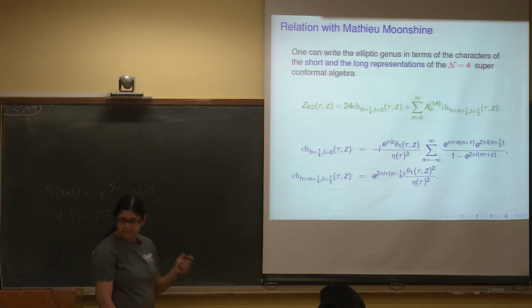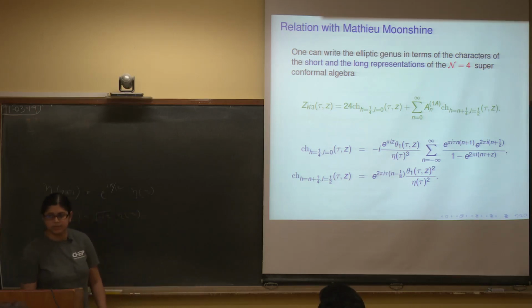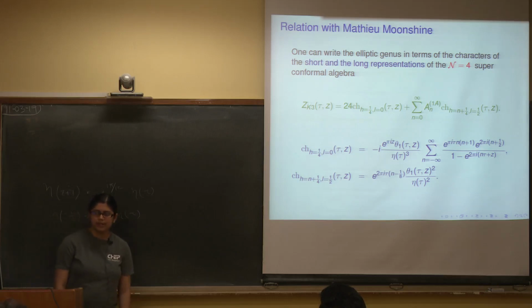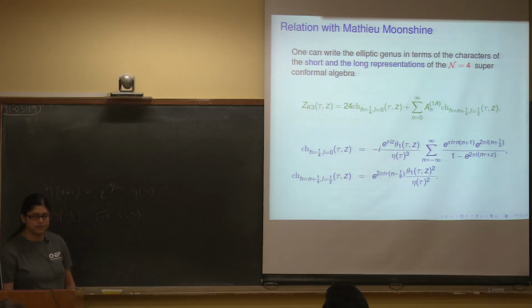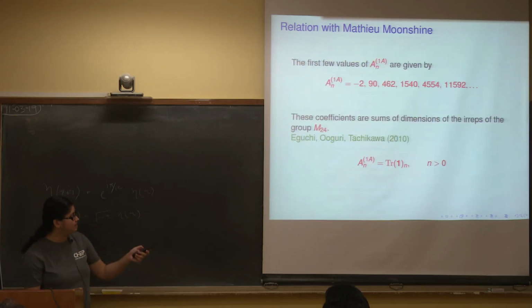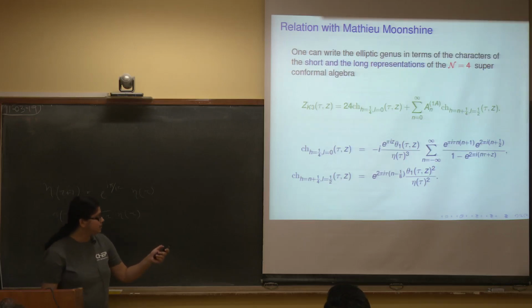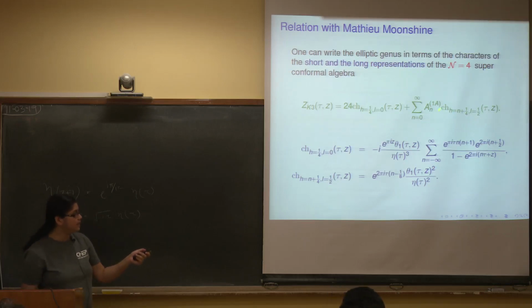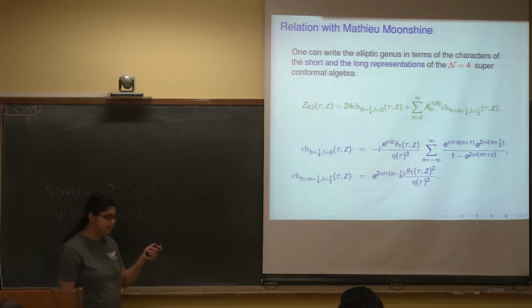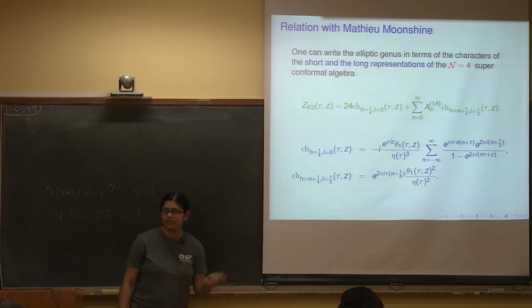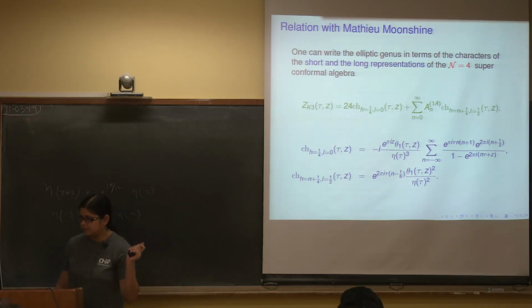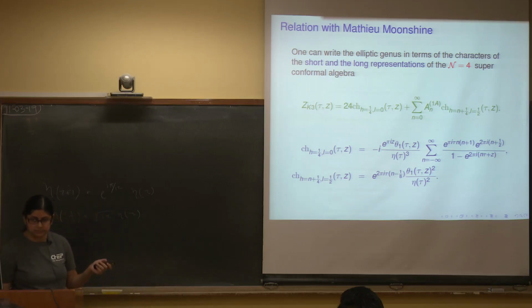So anyway, the first relation of this Moonshine was seen by Eguchi, Ooguri and these people. They could write the elliptic genus of K3 in terms of the short and long representations of the N equals 4 superconformal algebra, and this A_n^1 is actually the trace of the dimension of irreps of the Mathieu group M24.